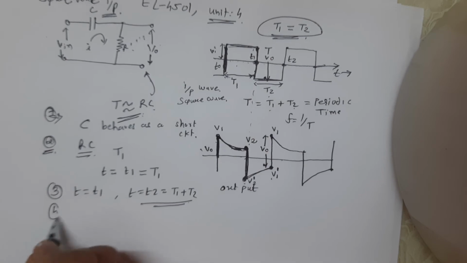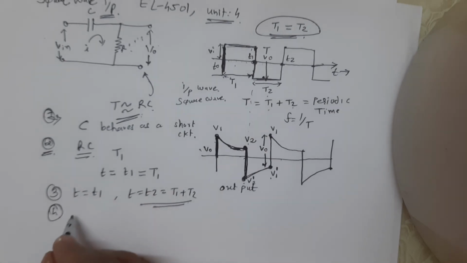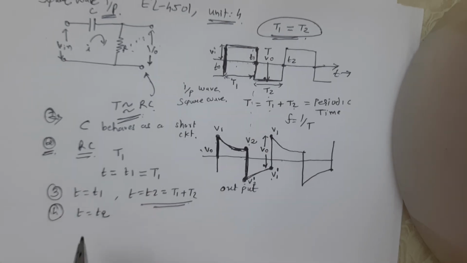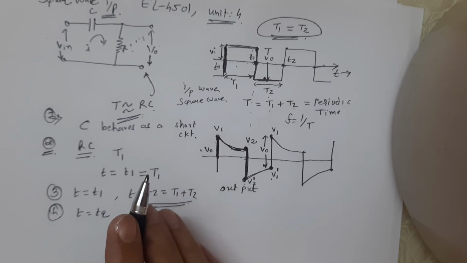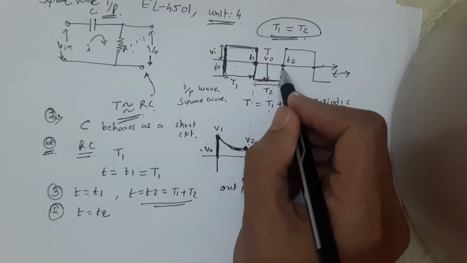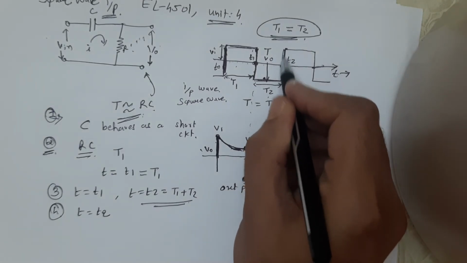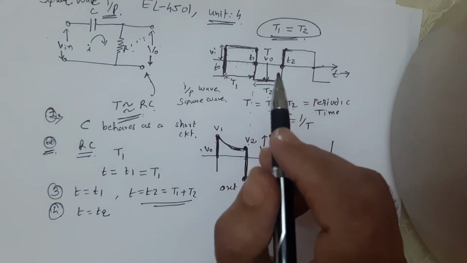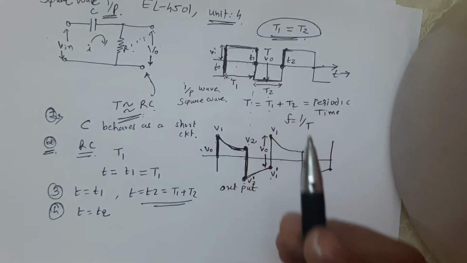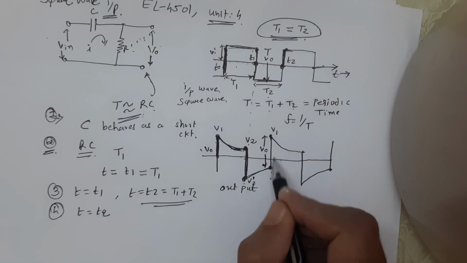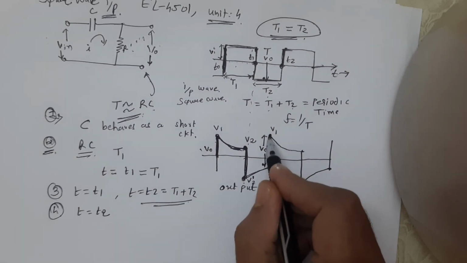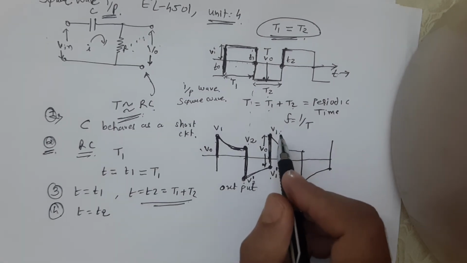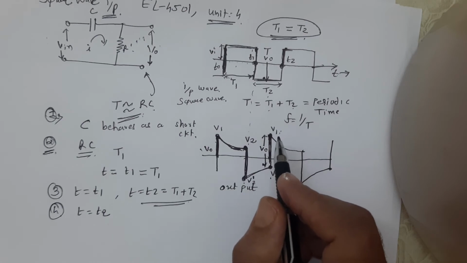And the last one, fourth, at t equal to T2, again a positive spike appears across the input. When t is equal to T2, a positive spike appears across the input so that the output rises by an amount V0, and it becomes positive.